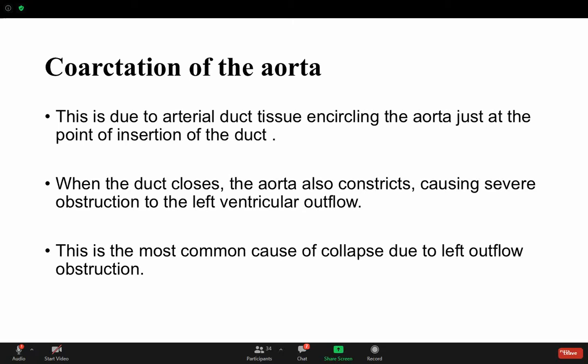Okay. But when the duct closes, the aorta also constricts, causing severe obstruction to the left ventricular outflow. But this is the most common cause of a collapse due to left outflow obstruction.